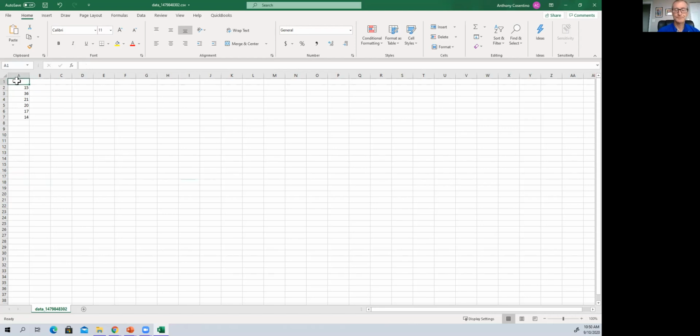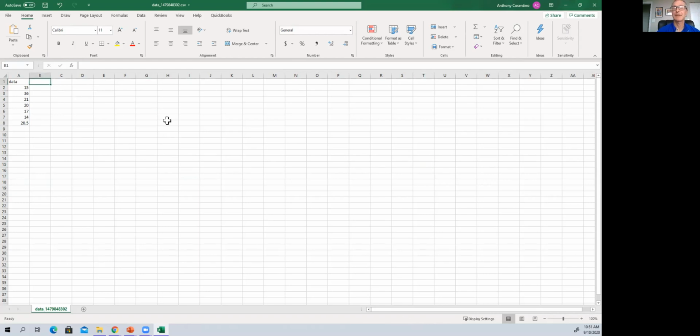So this is the data set, right? And now we need the mean. To calculate the mean, we could highlight that and go over here and do average. And you can see that the mean is 20.5.